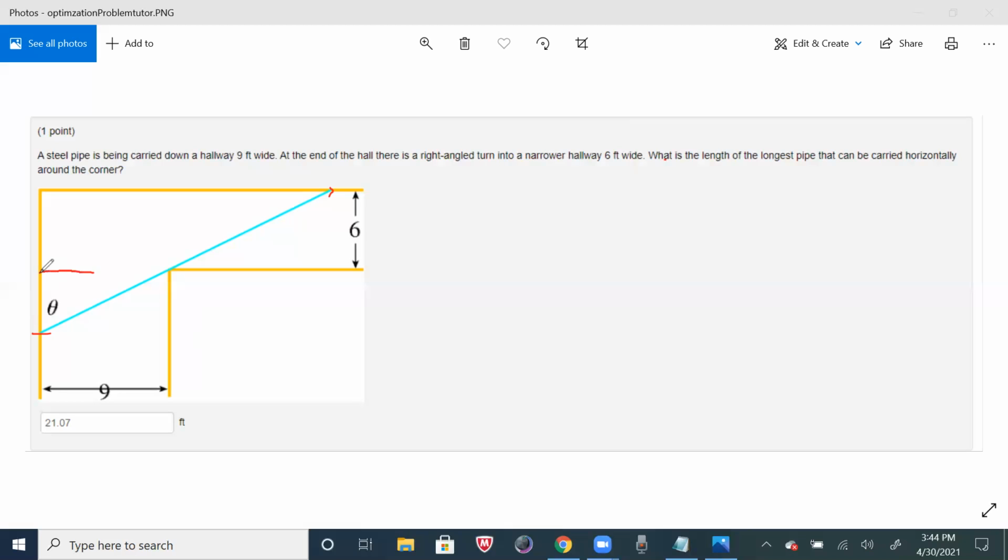If I draw a line like this, then I can say that the sine of theta equals 9 over x. Trying to think about this.